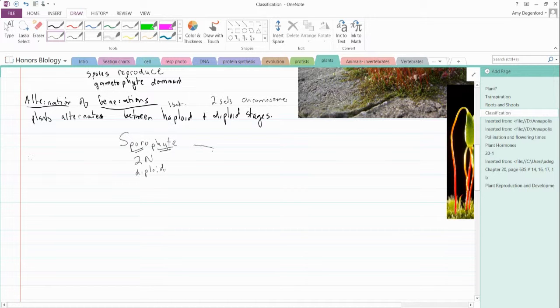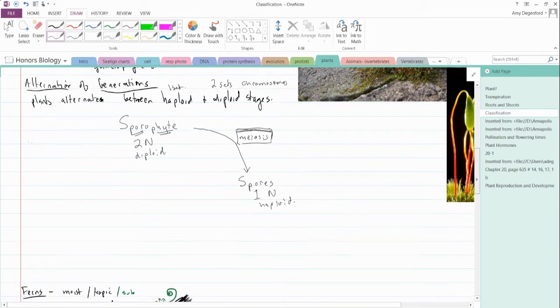So the sporophyte is going to have some cells that undergo meiosis. And meiosis, if you review in your mind, is the process that produces haploid cells. These are going to be called spores. The spores are just going to be 1N, haploid. Now, ordinarily, think about what might happen in an animal.